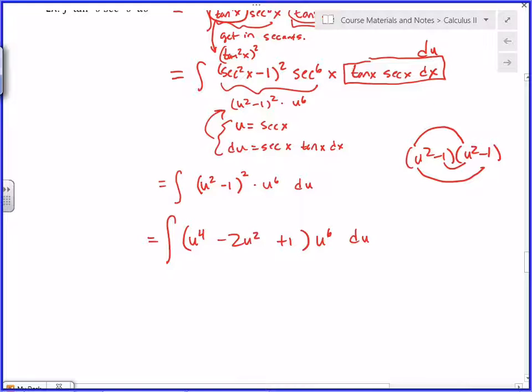That makes sense? Now distribute this. U to the 10th minus 2u to the 8th plus u to the 6th du.